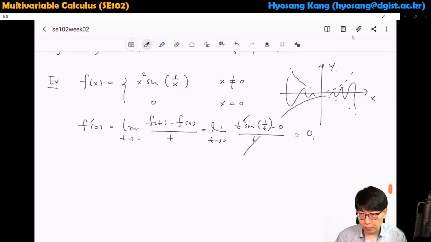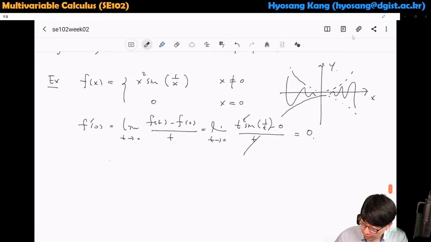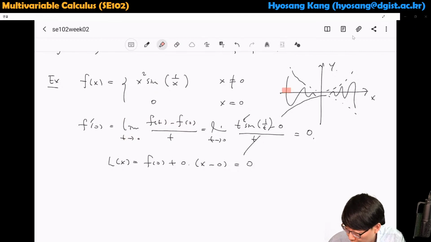So we have a slope. I don't know which slope that is, but I know the differential of the function actually becomes 0. So L of x is f of 0 plus 0 times x minus 0, which is 0. So I can define a linear approximation of this curve as simply the zero line.